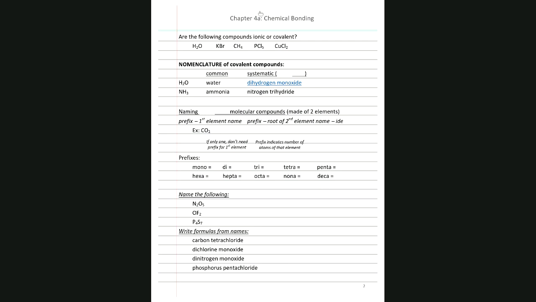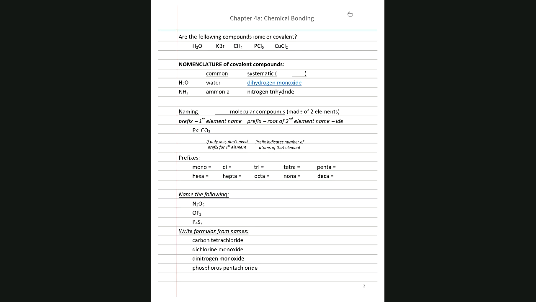All right, so quick practice question for you here. Are the following compounds ionic or covalent? Somebody turn on your mic and tell me, how could we tell if they're ionic or covalent just by the molecular formula? How would we know? A metal and a nonmetal.